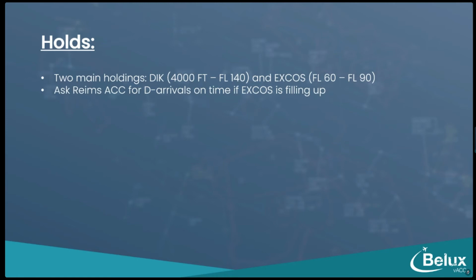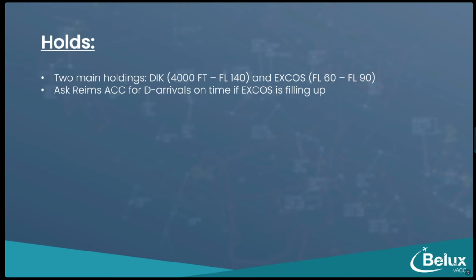If your hold at Excos is filling up, and this is important, you can't fit many planes in there. Traffic via Mapich isn't too much, but it also goes to Excos. It can fill up quite quickly. Normally, you do have some time. If you see it's filling up, tell Reims, okay, Excos is getting full. Can you please issue delta arrivals? And the delta arrivals will go to Diekirch.